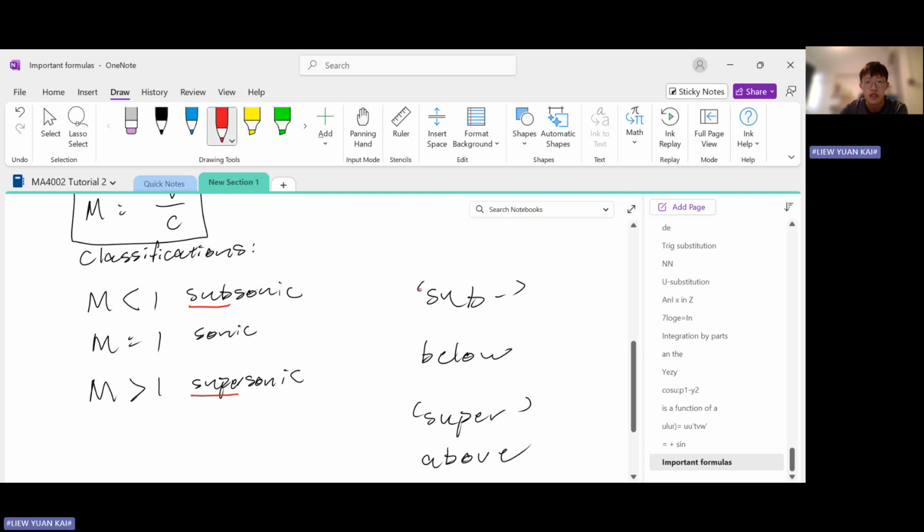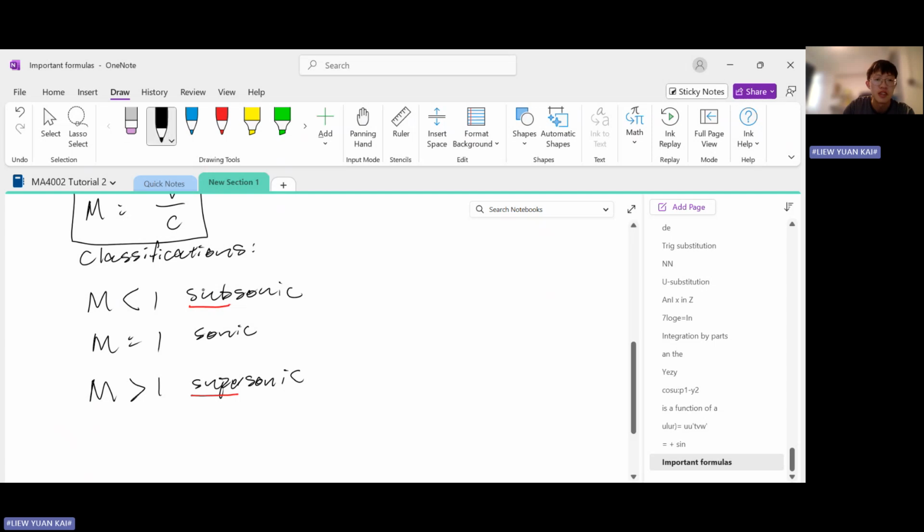Why are they given these names? Because subsonic means the velocity is less than the speed of sound. On the other hand, supersonic means the velocity of the gas is above the speed of sound.